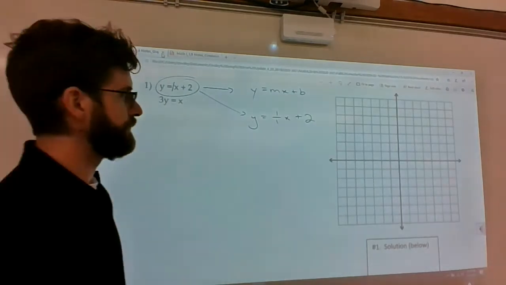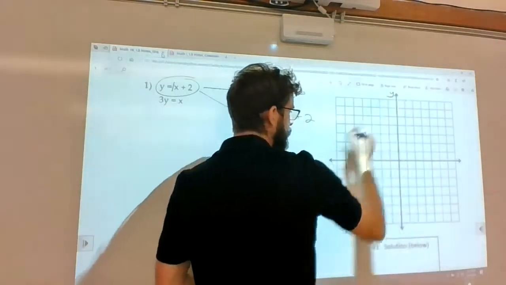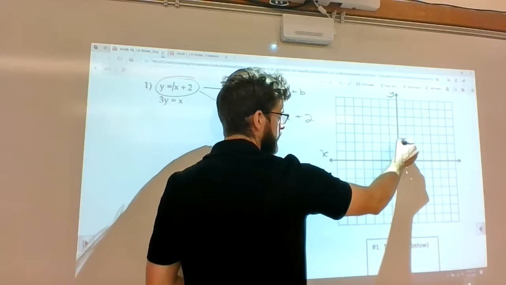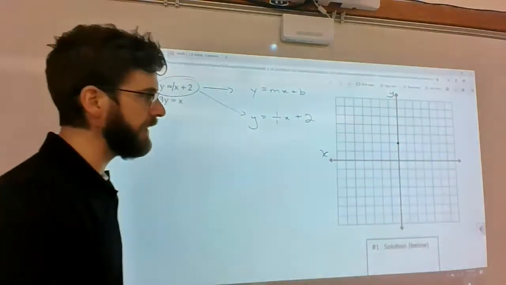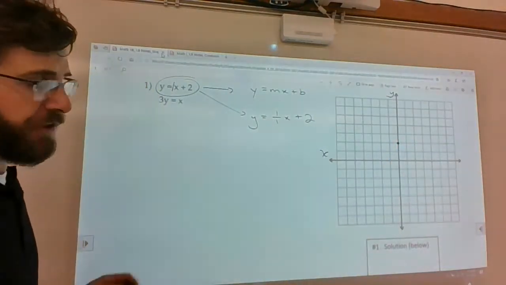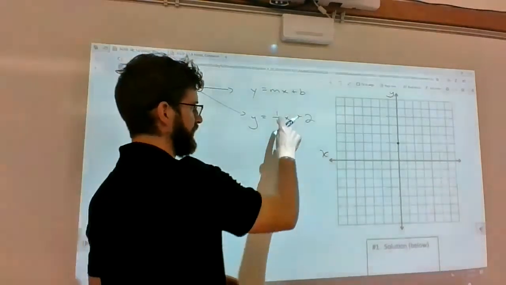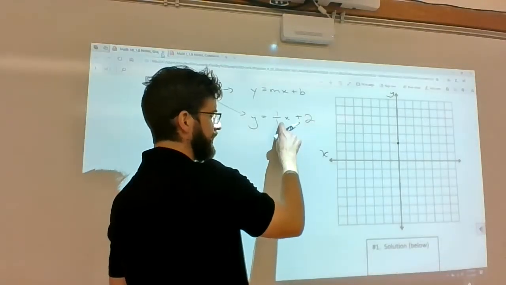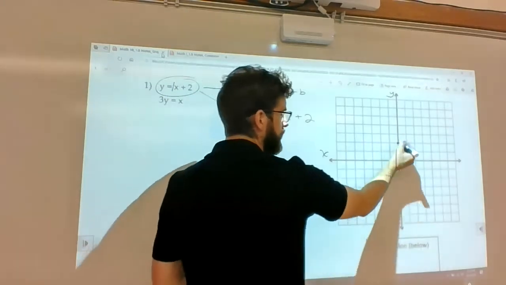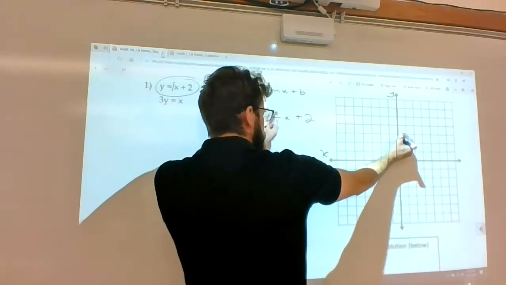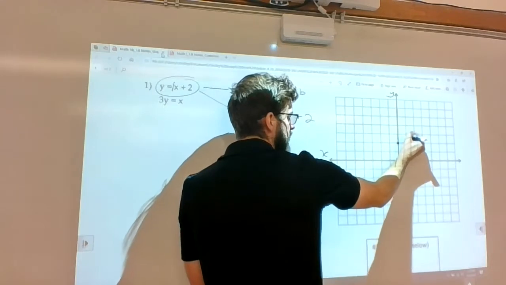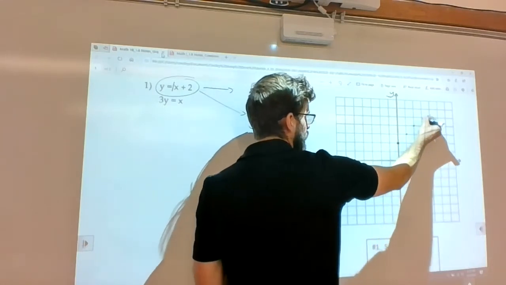So to graph that, you'd start at 2 on the y-axis, plot your point, and then you're going to rise 1 unit and run 1 unit because of the up 1, right 1 nature of this fraction. So up 1, right 1, up 1, right 1, up 1, right 1.